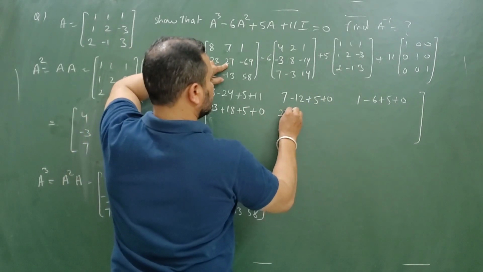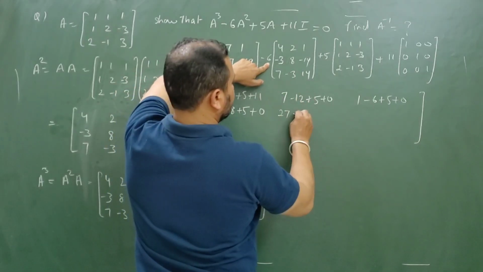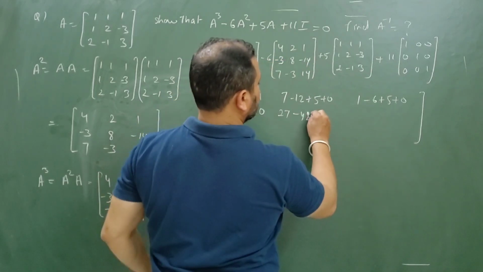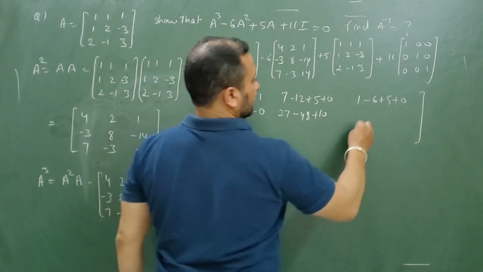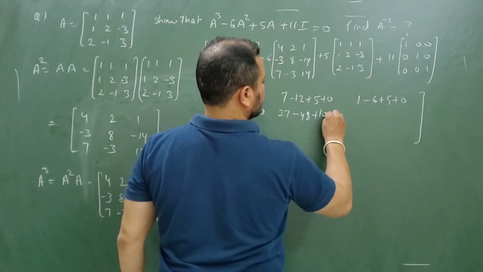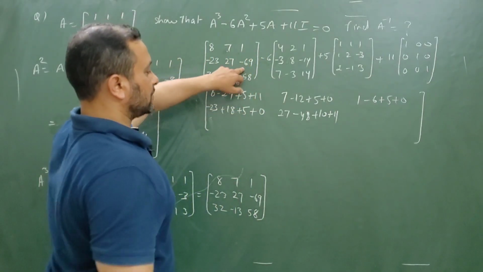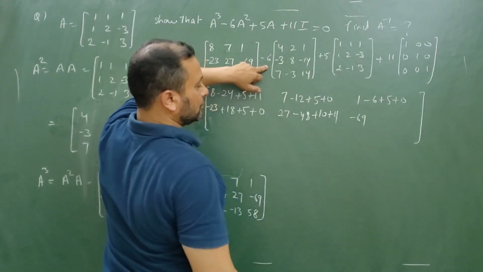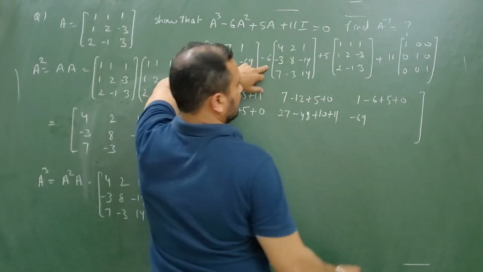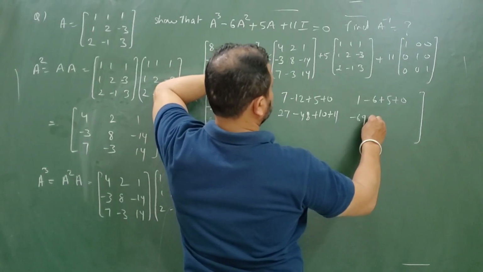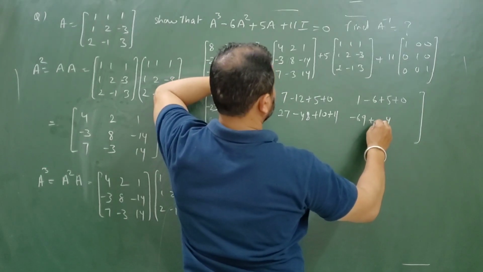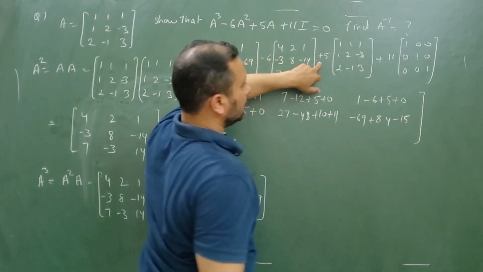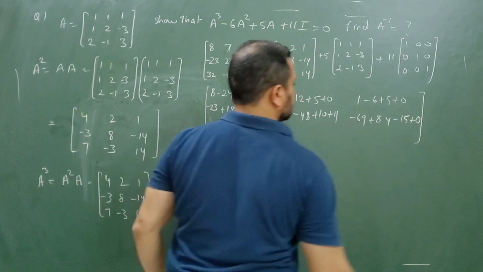This is 27, this is 6 8s are 48 and 5 twos are 10 and 11 ones are 11. Next is minus of 69, minus minus plus 14 6s are 84, minus 15 and the last one is 0.